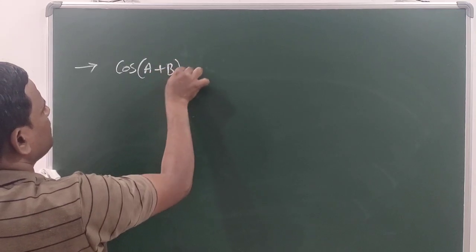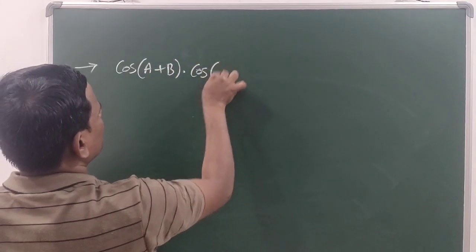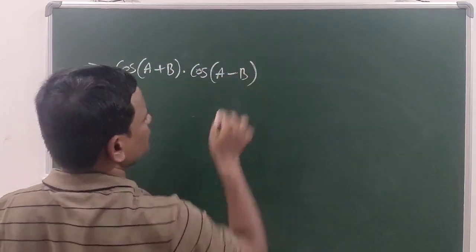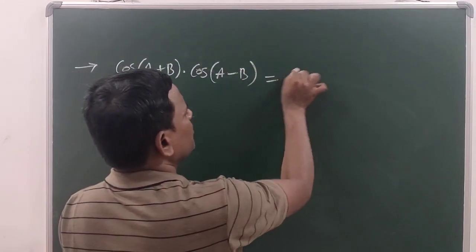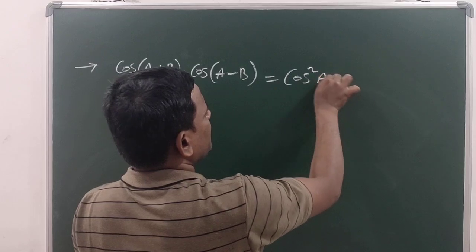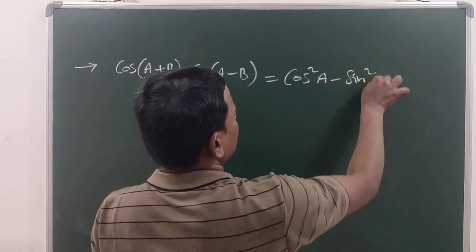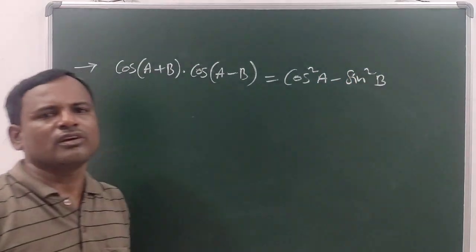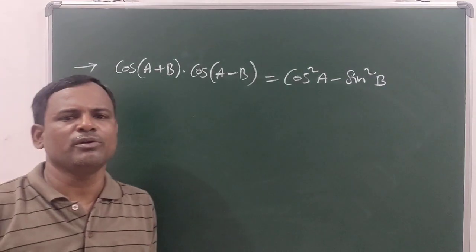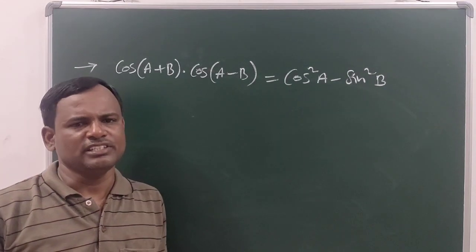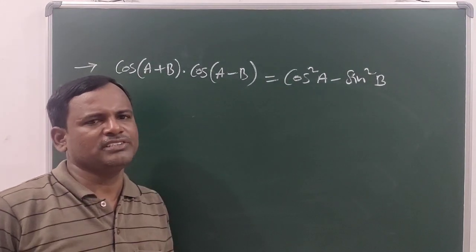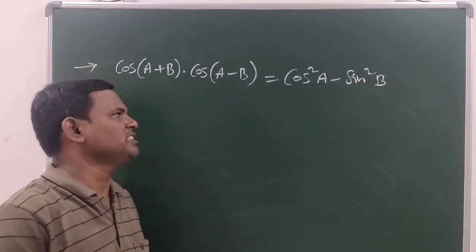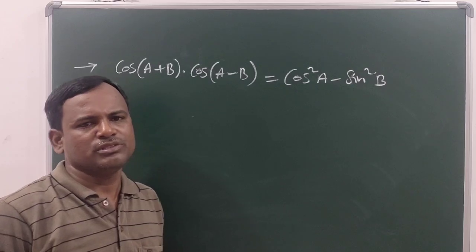Next, cos(A+B) into cos(A−B). Which is equal to cos square A minus sin square B, you will get. Cos(A+B) into cos(A−B) equals cos square A minus sin square B. Same like however you simplified sin(A+B) into sin(A−B), in the same manner you would have to simplify.